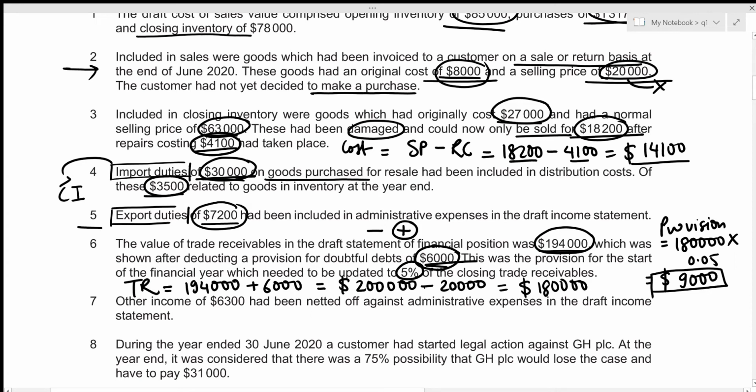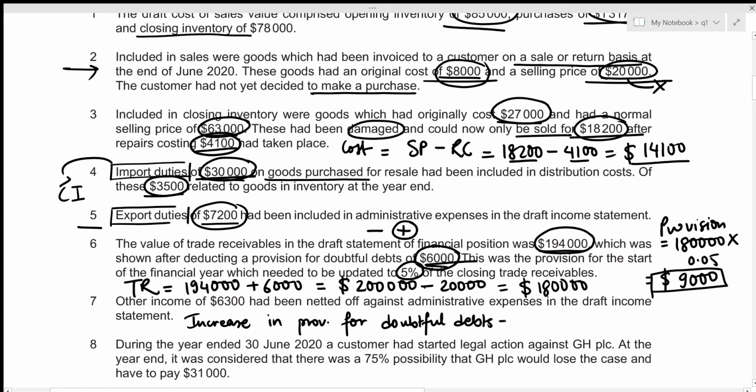And what we know is that if there is an increase in provision for doubtful debts, that is termed an expense, and if there is a decrease in provision for doubtful debts, that is treated as an income in our income statement. We can clearly see that the closing value is greater than the opening value, so there is an increase in our provision for doubtful debts. So I'm just going to write it here: increase in provision for doubtful debts.